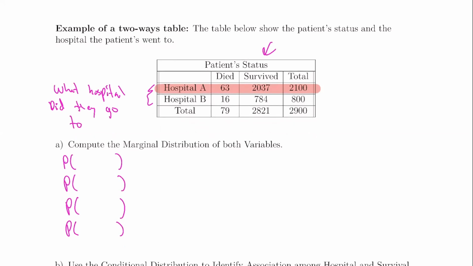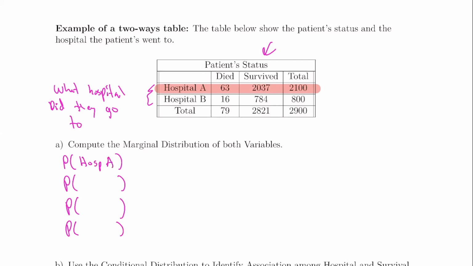I will find the probability of what? Well, that's the patient status. If you look at which row I highlighted, I highlighted the row hospital A. So this will be the probability somebody went to hospital A.